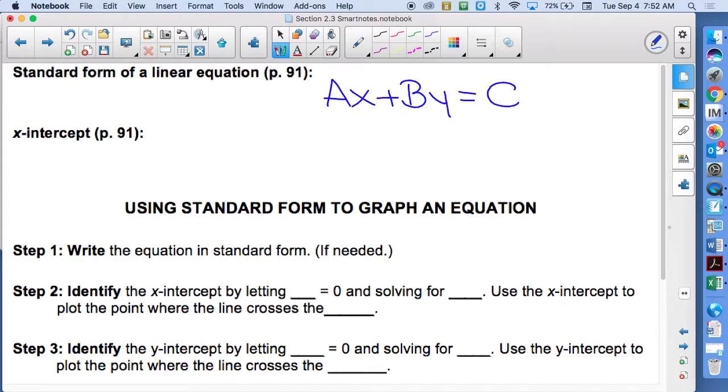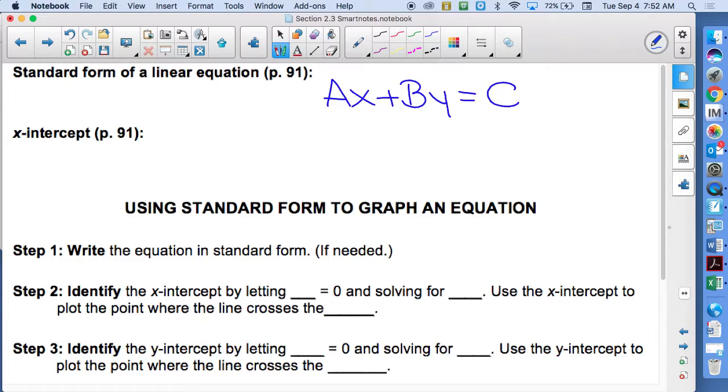The a, b, and c are just numbers. So they're not extra variables thrown in the problem, just like m and b in slope-intercept form are just numbers. But you're going to see it just set up a little differently. The x and the y are on one side, a number is going to be on the other side of the equation. Generally, when it's in standard form, we try and think of a different way to graph it.